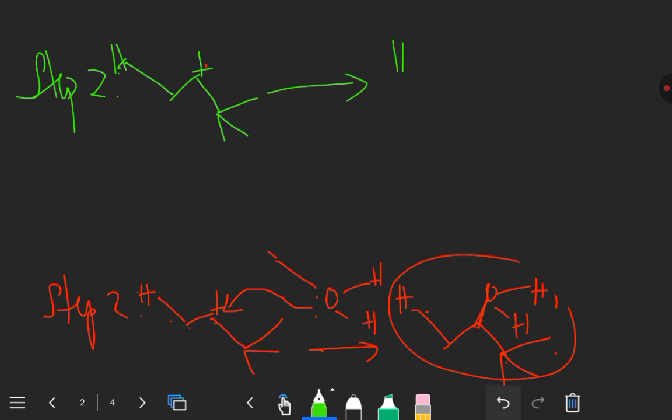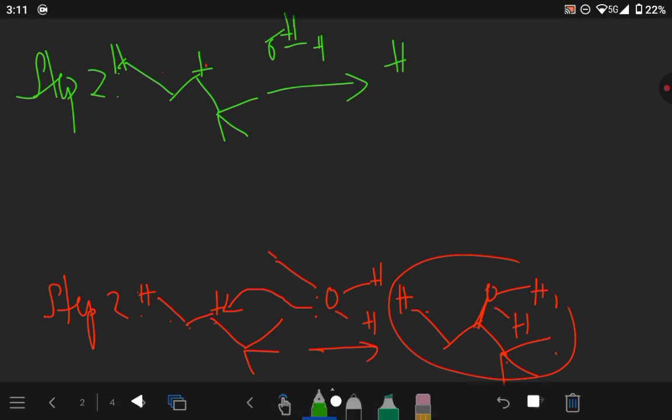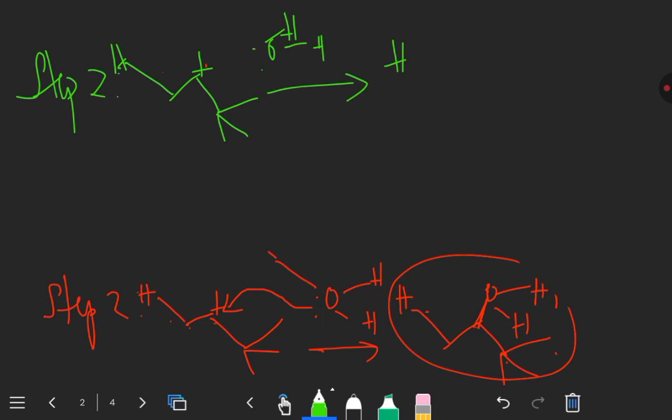Then we formed this. When we use water here, the lone pairs on water attack this carbocation. Then we had to form this compound here bonded to water.